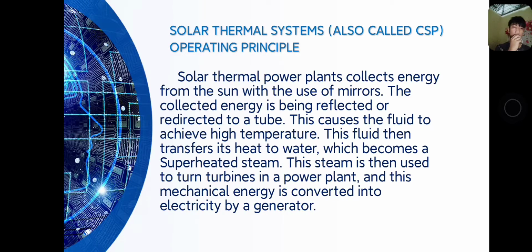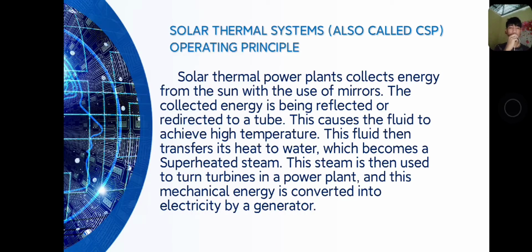The collected energy is reflected or redirected to a tube. This causes the fluid to achieve high temperature. The fluid then transfers its heat to water, which becomes superheated steam. This steam is then used to turn turbines in a power plant, and this mechanical energy is converted into electricity by a generator.